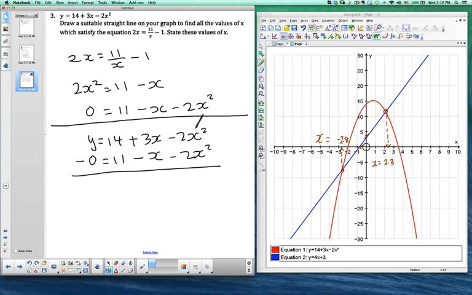Because minus 2x squared minus negative 2x squared becomes plus 2x squared, then you can eliminate it. So y minus 0, I got y. 14 minus 11, I got 3. And then 3x minus negative x is 3x plus x, so it's plus 4x. And then this one minus this one, no more. Simple. So you will get back the same equation as just now.